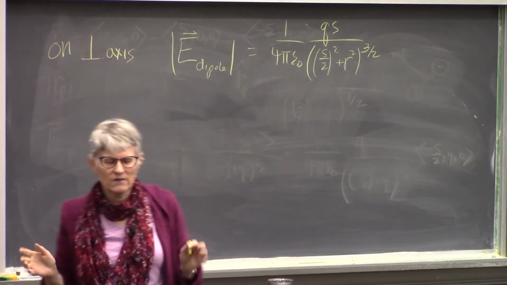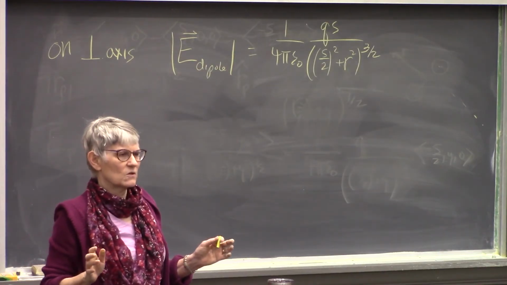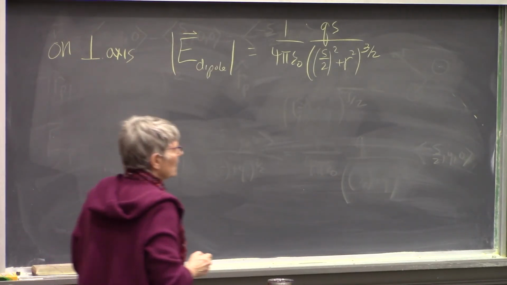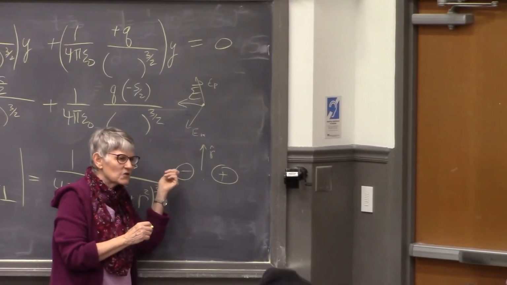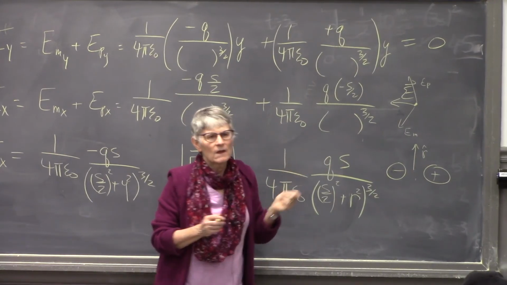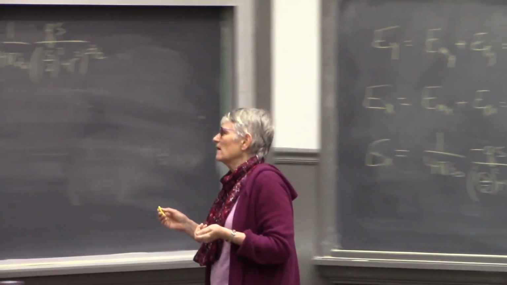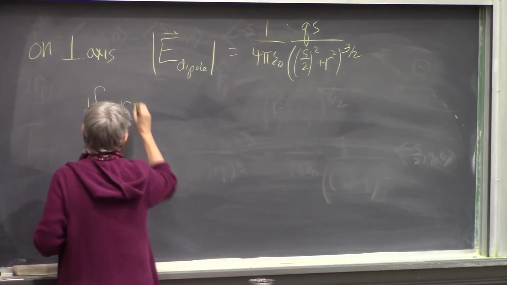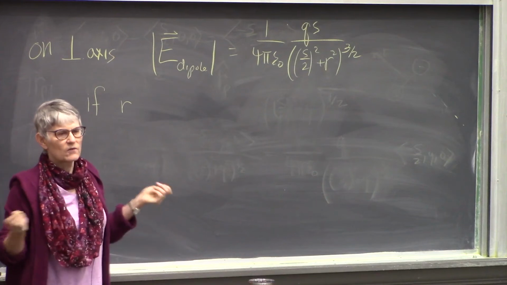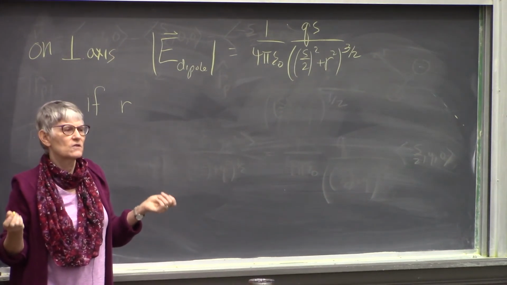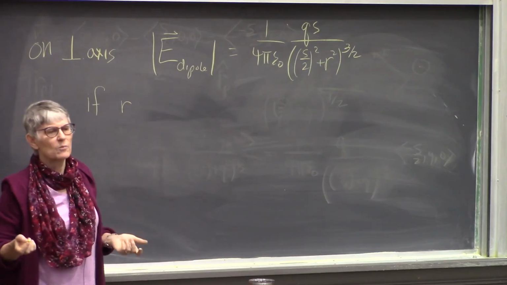But now, and this is something we're going to be doing a lot of in this course, let's think about what the field looks like when you're not standing right next to the source, but a little distance away. What if r, the distance from the center of the dipole to your observation location, is a lot bigger than the dipole separation?